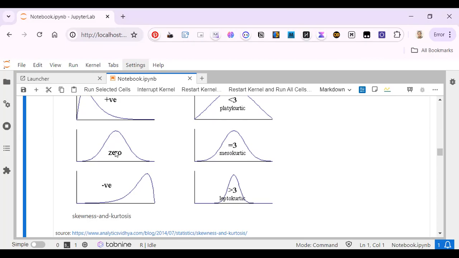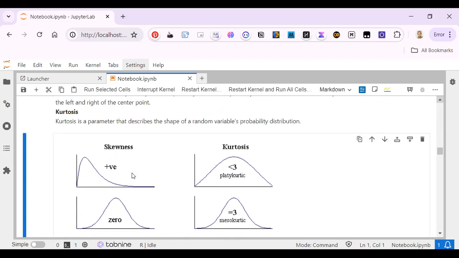You can find people of multiple ages, because maybe five people may be small age, five people may be old age, five people may be middle age, five people may be young age like 25 or 30, and five people may be middle age. Now in that case it might be zero. So this indicates positive, this indicates zero, this indicates negative. That is what skewness is.